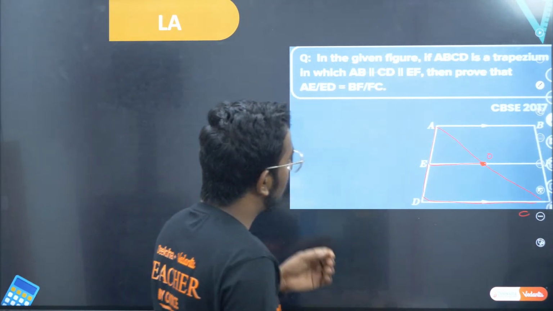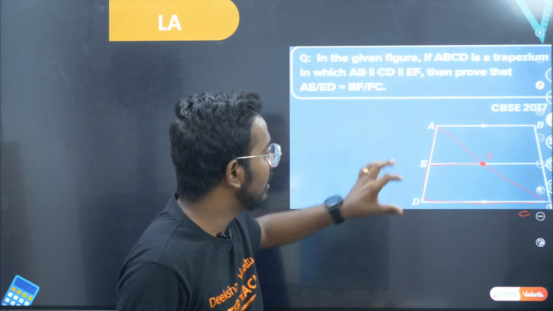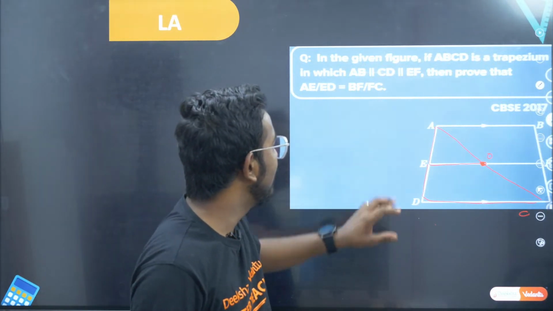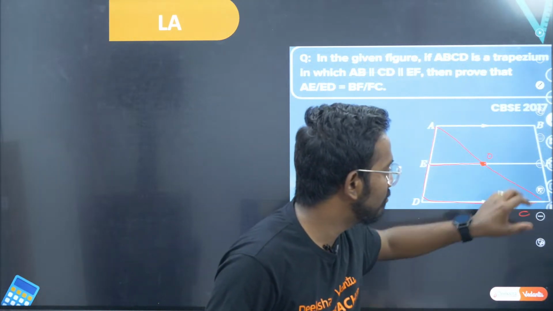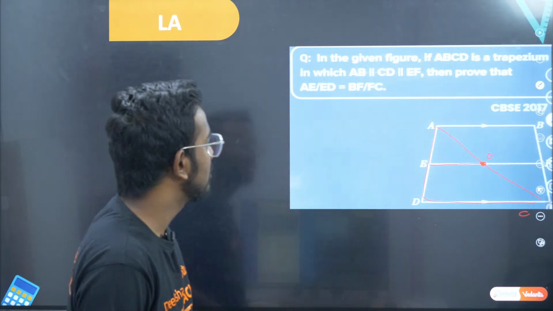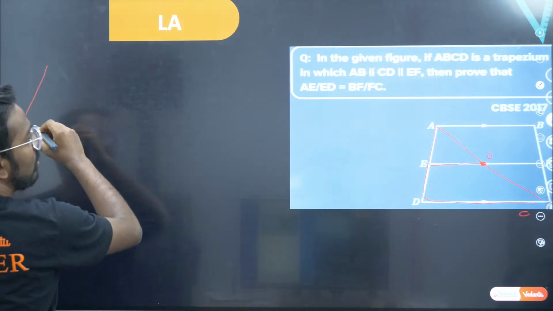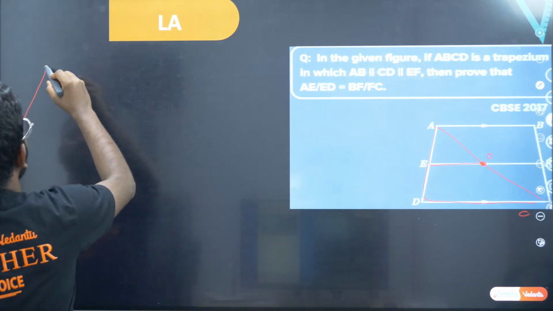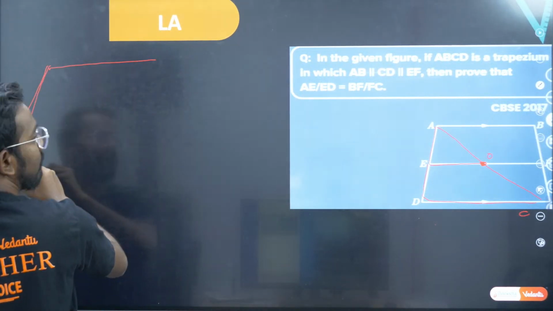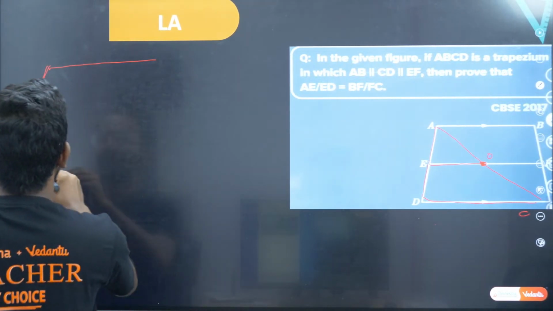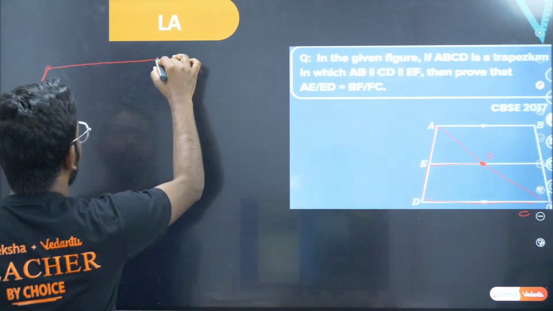Now my job is to find AE by ED equal to BF by FC. If you want, I can draw it once more here. This is the trapezium.